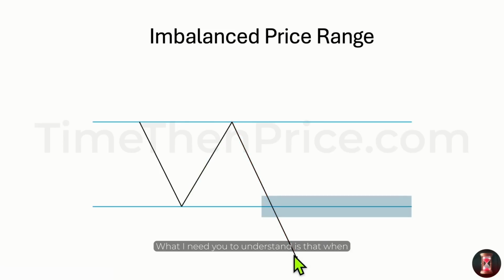What I need you to understand is that when we break through this range low, there's an imbalanced price range present, especially when we displace through it with a CB, represented by this box. Why? We see once sell side delivery, think about the red box. Then we see once buy side delivery, think about the green box. Then we see sell side delivery again, think about the red box. So you have seen 2 times sell side delivery now and 1 time buy side delivery.